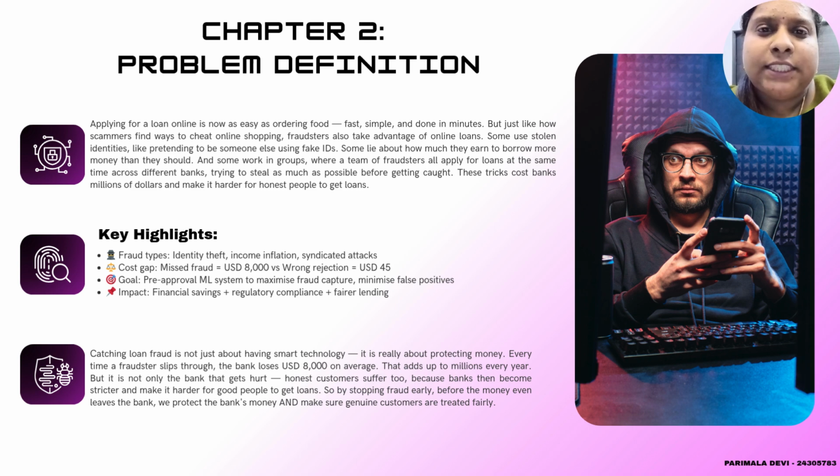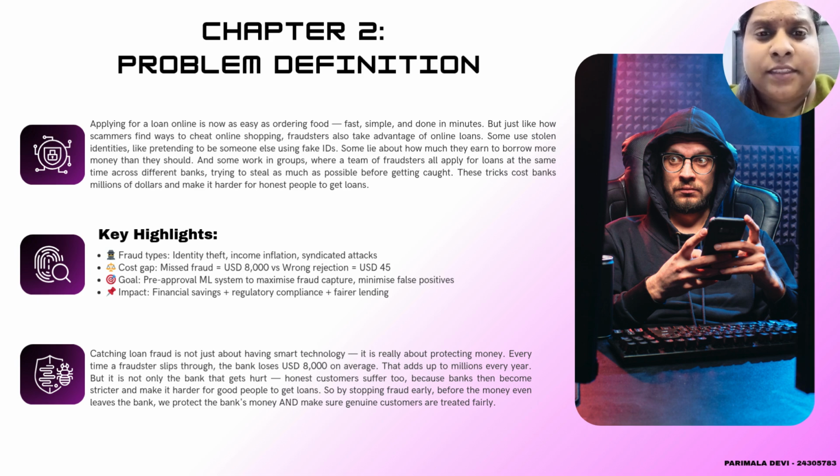Our chapter 2 is problem statement, or we call it problem definition. Online loans are very easy to get and very fast. But scammers use fake identities, fake documents, fake income, and they do group attacks like syndicate attacks to cheat the system.